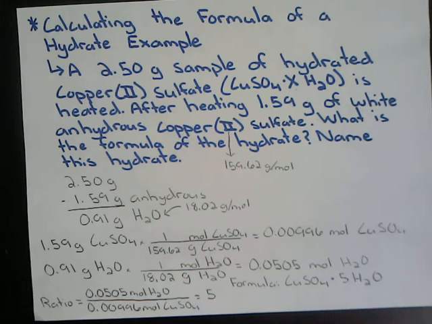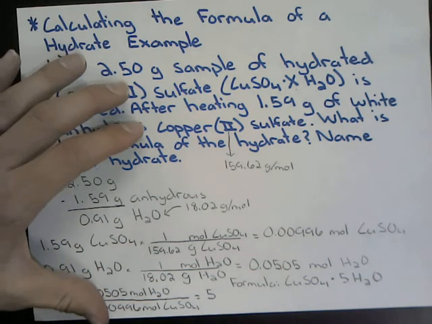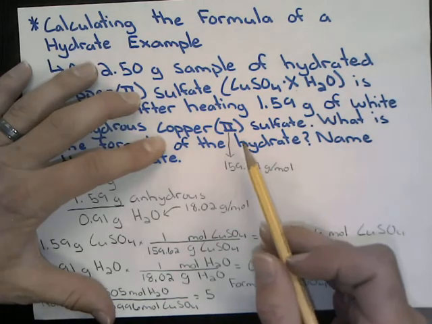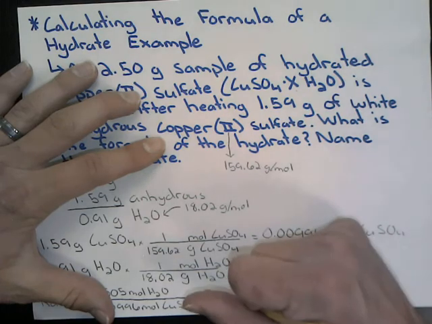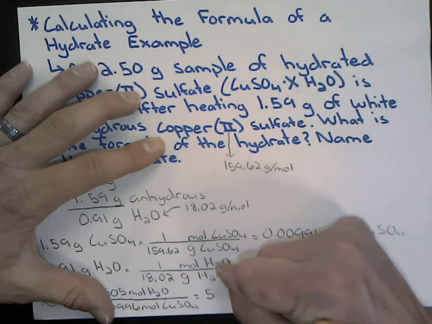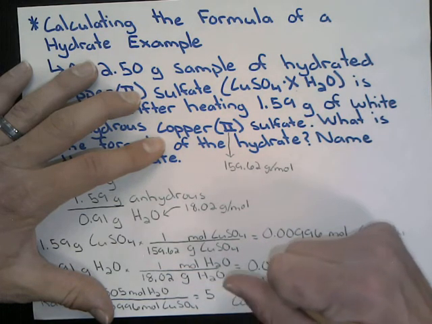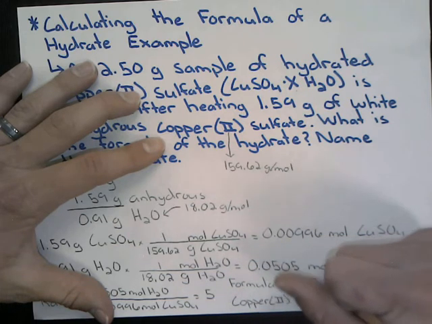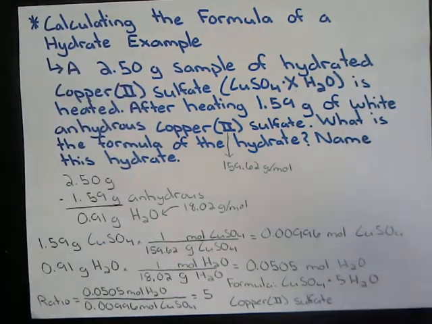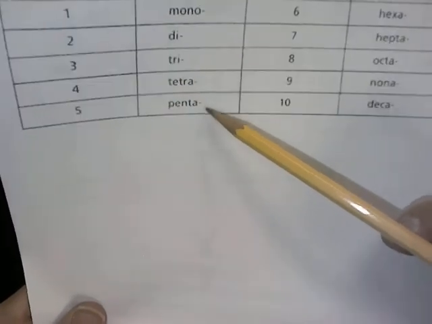Now, how we name this down below here is as follows. We name copper 2 sulfate just like it's named up here. So for the name, we have copper 2 sulfate. Then we put the prefix for 5. So we look up the prefix for 5. The prefix for 5 is penta, okay?